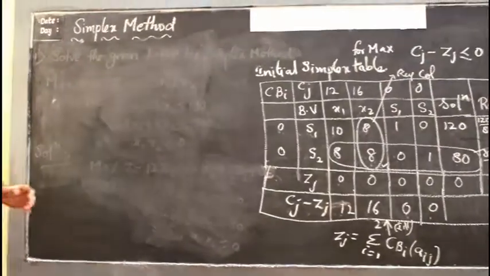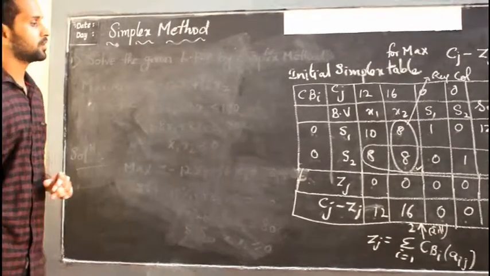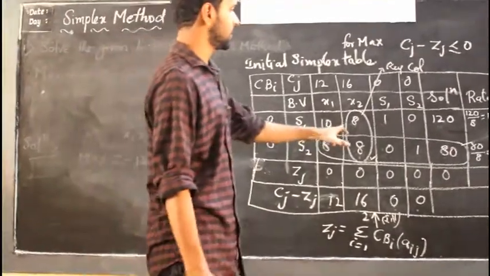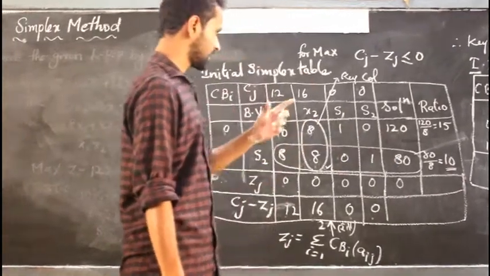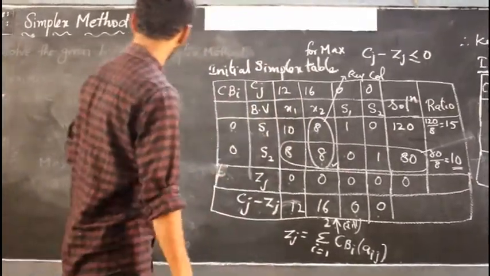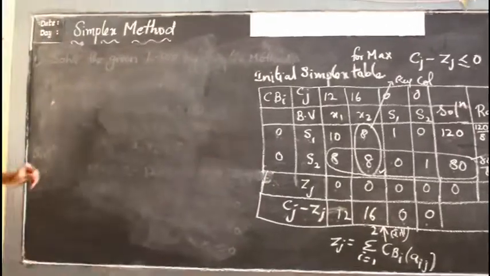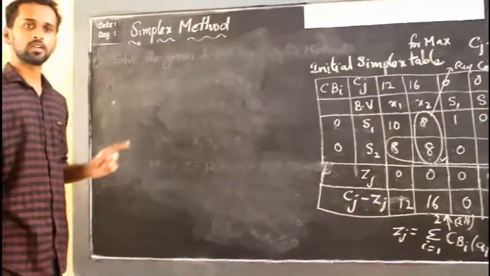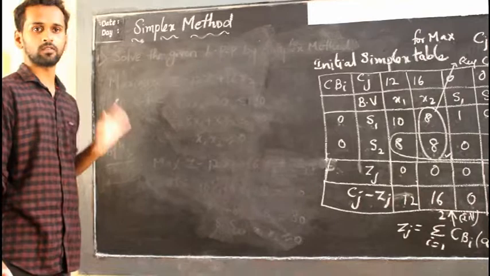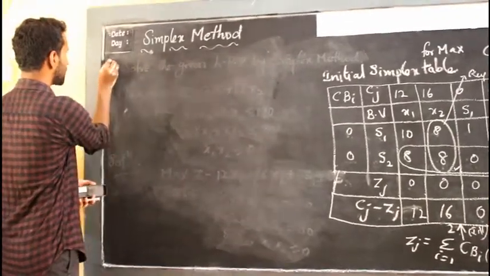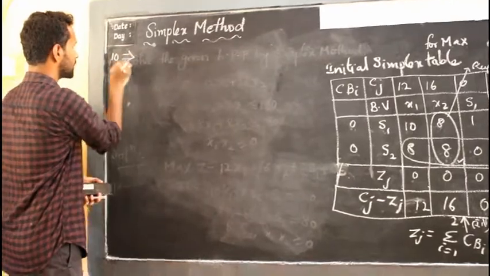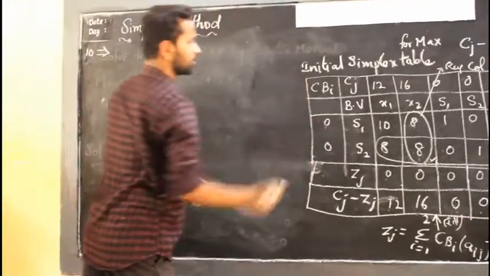Now let us find the new values for these: 10, 8, 1, 0 and 120. I already explained the formula: new value equals old value minus key corresponding column value into key corresponding row value divided by key value. Now I will start with the new value for 10, considering this 10 as the old value.